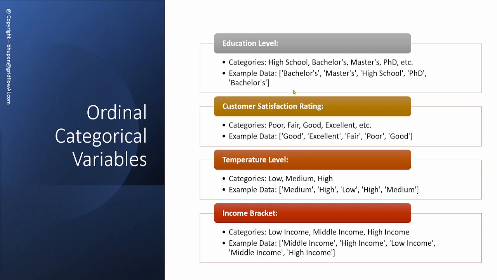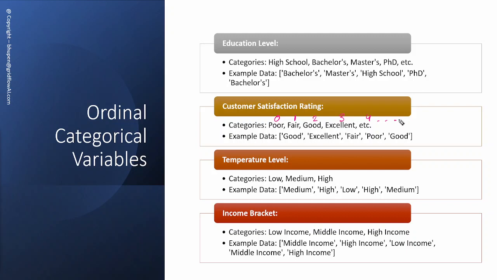Ordinal means there is some sort of order. For example, satisfaction rating: poor, fair, good, excellent. So there is an order here. We can take advantage of the order, and the numerical representation can be in this way. For example, 0 can be attributed to poor, 1 fair, 2, 3, 4, and so forth.